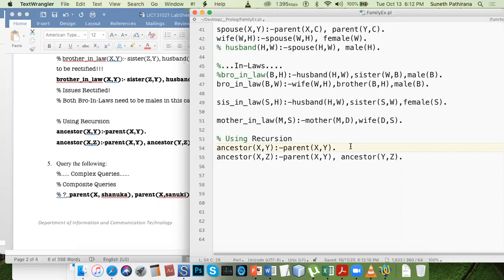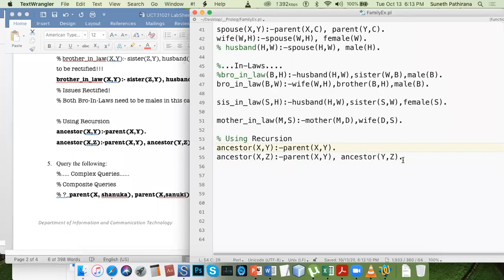If you don't specify the terminating condition correctly, the program will get stuck. That's why we have two statements here. This is the fundamental basic qualification to become an ancestor of a family.